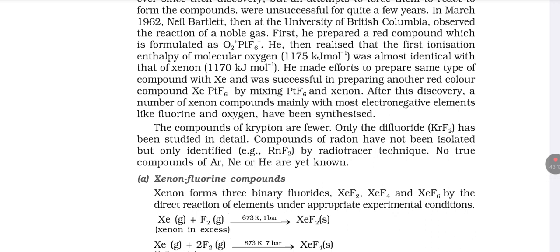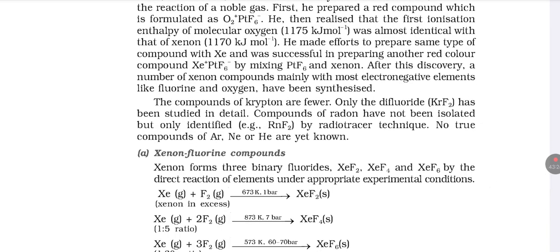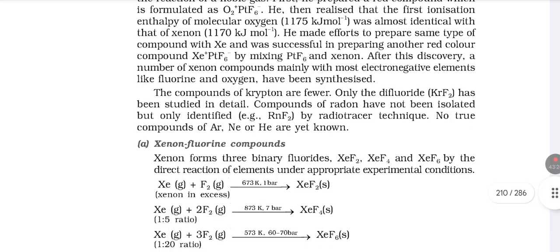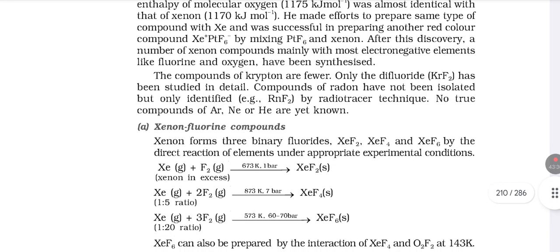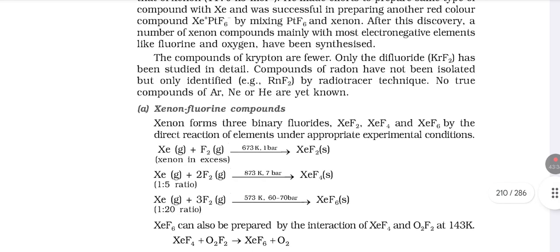First, he prepared a red compound which is formulated as O2+PtF6-. He then realized that the first ionization enthalpy of molecular oxygen was almost identical with that of xenon. He made efforts to prepare the same type of compound with xenon and was successful in preparing another red color compound by mixing platinum fluoride and xenon.